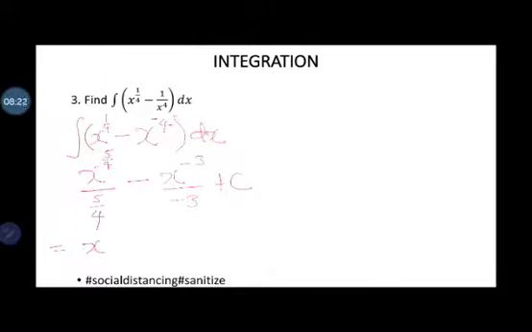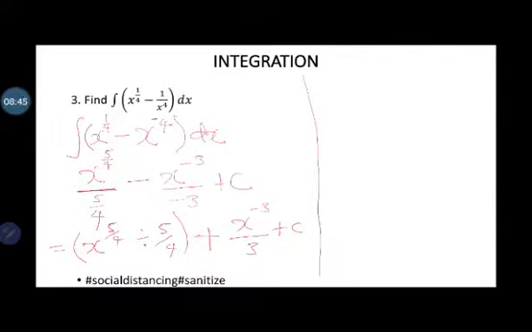I have x to the power 5 over 4 divided by 5 over 4. Negative into negative is positive, so now we have plus x to the power minus 3 over 3 plus c.